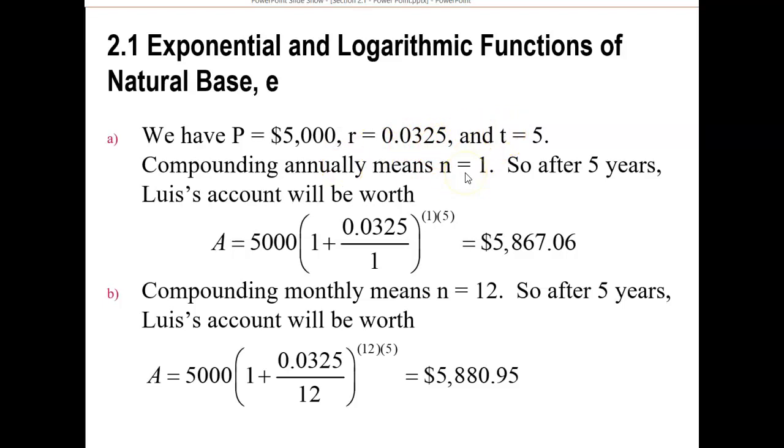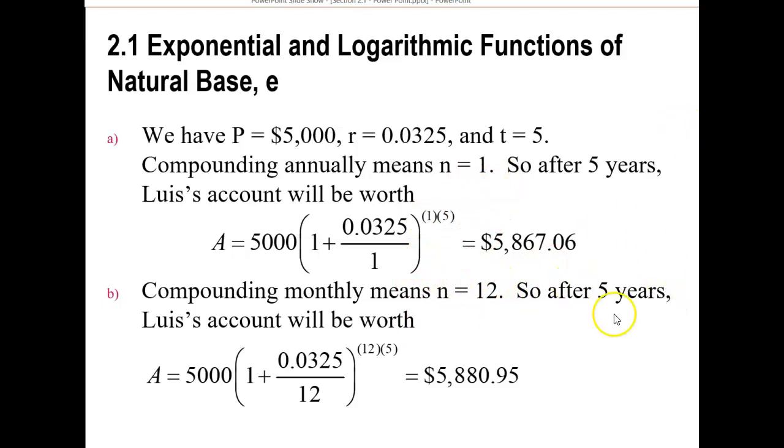Compounding annually means n is 1 time a year. So after 5 years, his account will be worth, plugging into that formula, 5,000 times 1 plus 0.0325 divided by 1, to the power of 1 times 5. Use your calculator to put all this in. You should get $5,867.06. You'll round to the nearest cent.